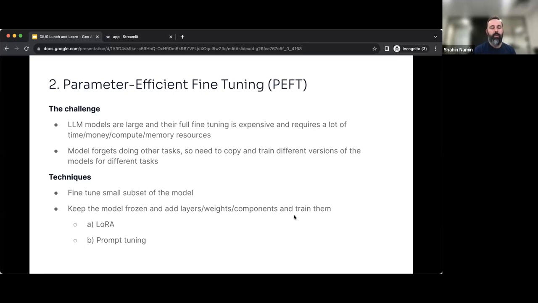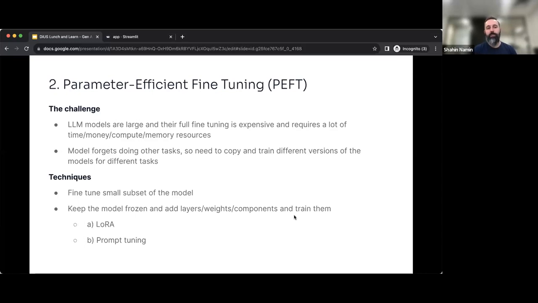But when it comes to the GPU memory problem, one technique that is used even in computer vision, with the name of transfer learning, is that you might freeze parts of your model and fine-tune a subset of the model. It might be the last or the deepest layer of the model, or it might be just a few layers. So you can use the same techniques with large language models.